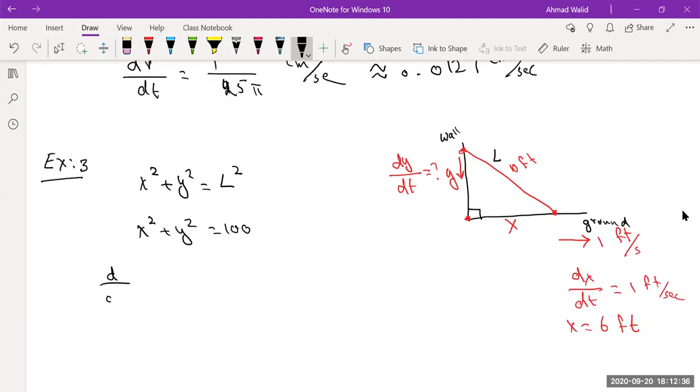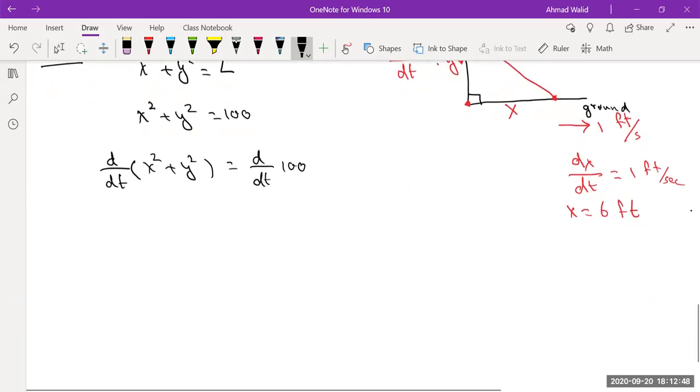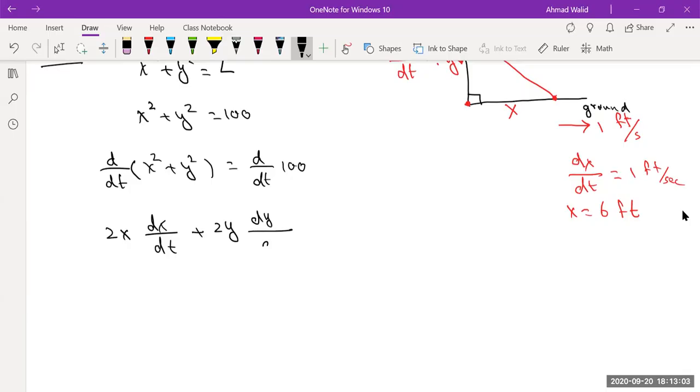Then d/dt of x squared plus y squared equals d/dt of 100. d/dt of x squared gives you 2x dx/dt, plus d/dt of y squared gives you 2y dy/dt, equals d/dt of a constant, the derivative of a constant, which is always what? 0.